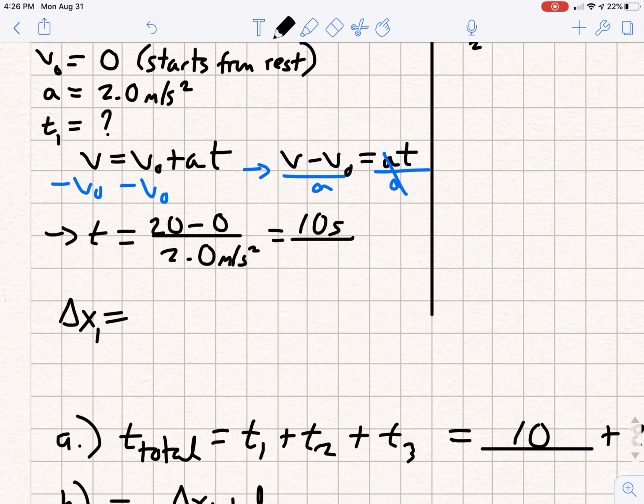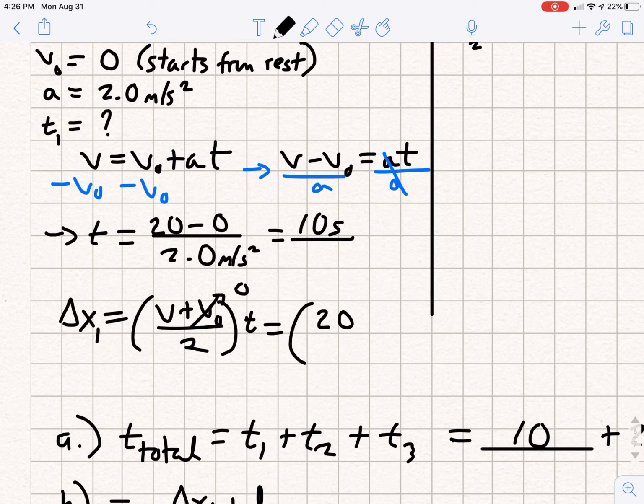Delta x1 equals v plus v naught over 2 times t, which is, if you remember, v naught was 0, v is 20, over 2 times 10. Now 20 over 2 is 10, times 10 means delta x1 is 100 meters.